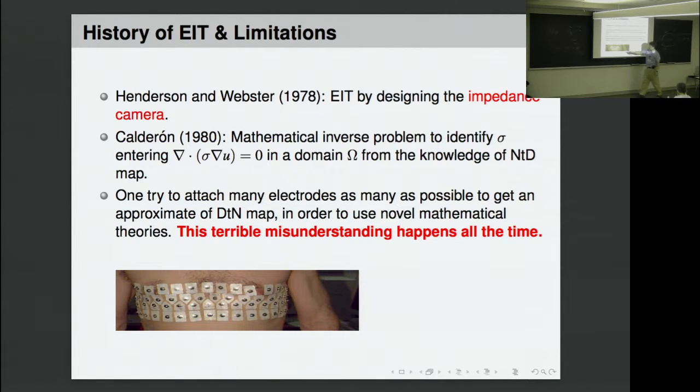This is the terrible misunderstanding. It means that he just studied the textbook. The textbook does not tell about this type of thing. So just studying the textbook is a terrible mistake. No current is inside here. How can you reconstruct? This terrible misunderstanding happens all the time. Whenever I participate in a conference, some people talk about this.